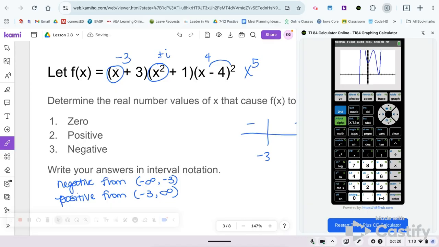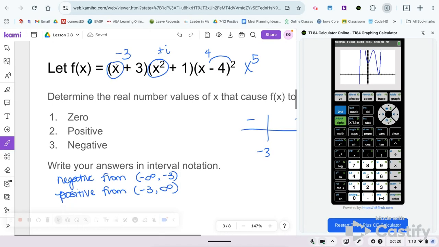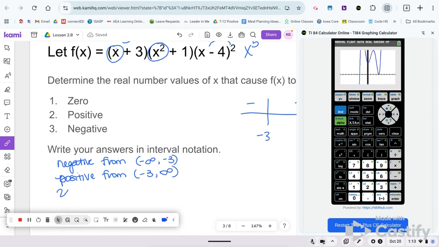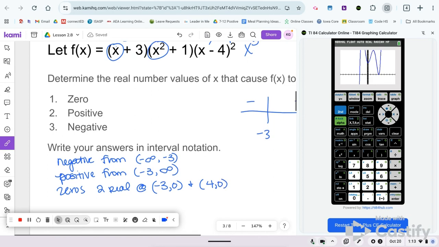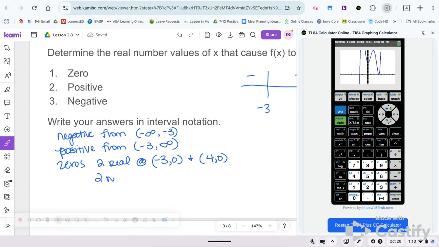So it's all below the x-axis only until -3, and then it's above the x-axis for the rest of it. And the zeros are 2 real zeros at -3, 0, and +4, 0, and 2 non-real at plus or minus i, 0.